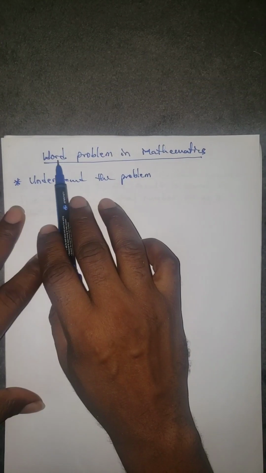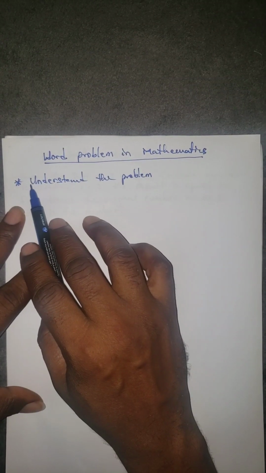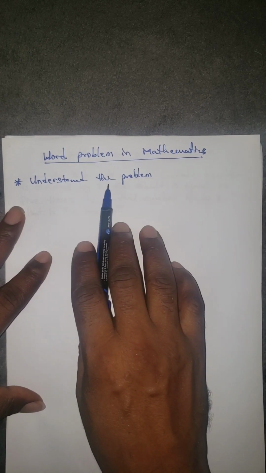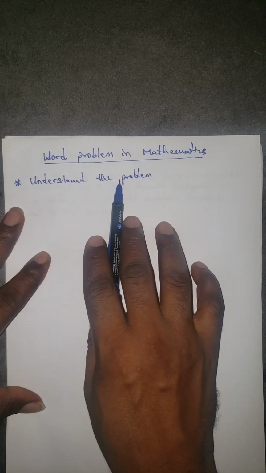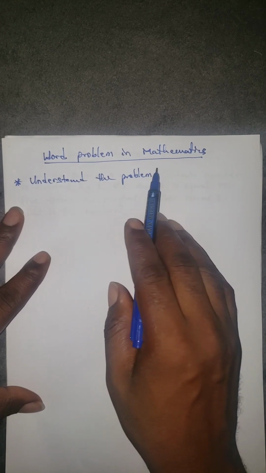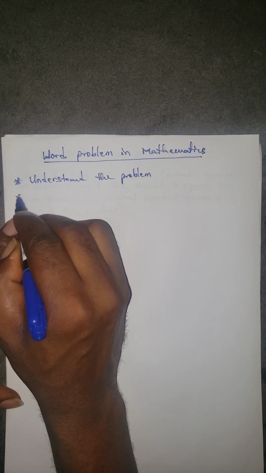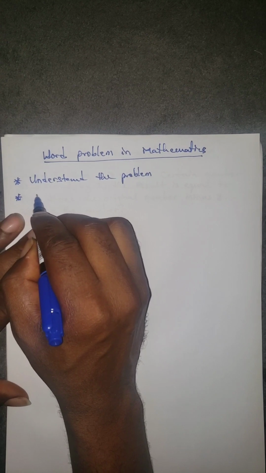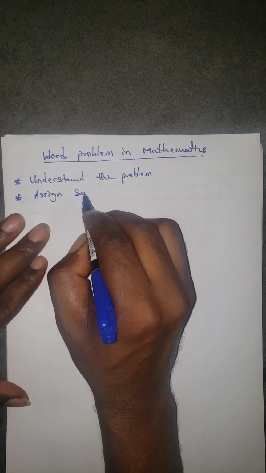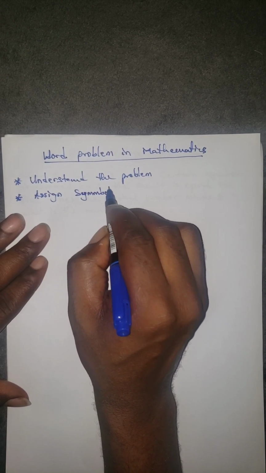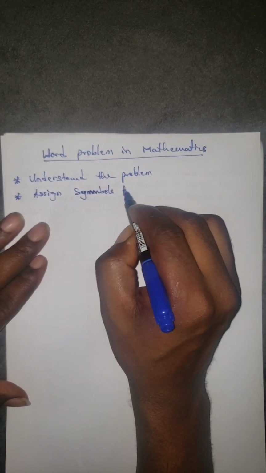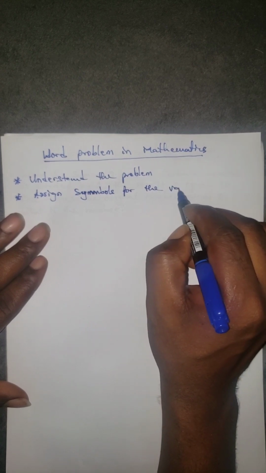So whenever you are dealing with a word problem in mathematics, you need to first of all understand the problem. Okay, you need to try as much as you can to know what you are asked to do and understand the variables in the problem.